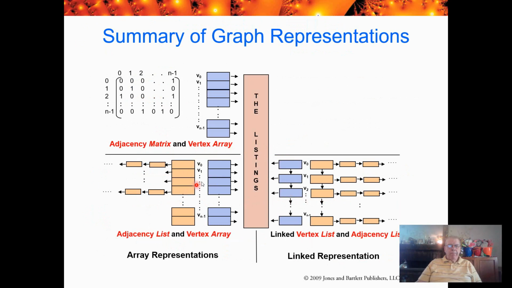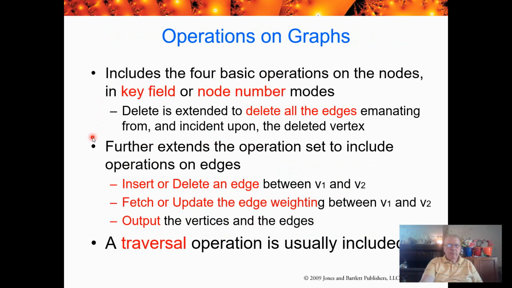If you know how many vertices, you could use the left or the 2 left ones. If you don't know, you'd use the right one, a linked list of vertices instead of an array. The one we tend to use is the one with the adjacency matrix at the top.